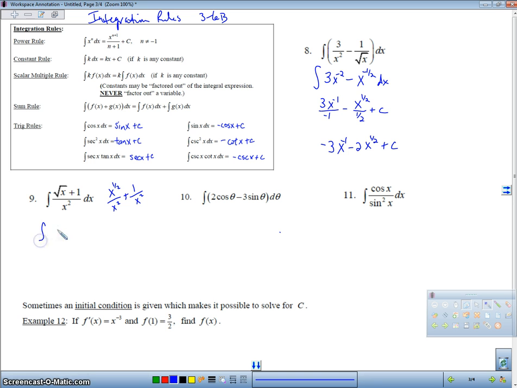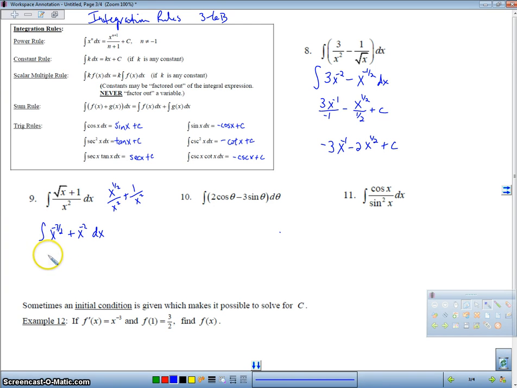So we're going to get the integral of x to the -3/2, because I'm going to subtract that, plus x to the -2 dx. Okay, we want to put the dx there. That's called our differential. We want to put that in our integral, telling me what variable to integrate.